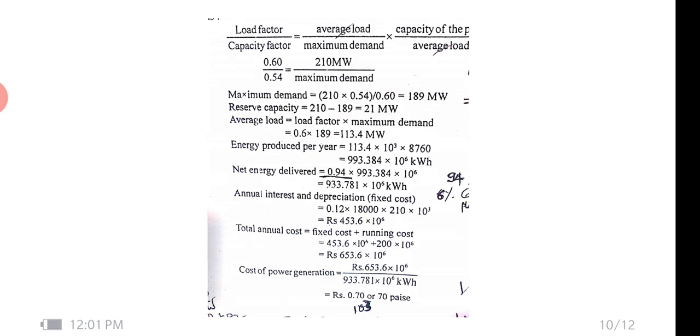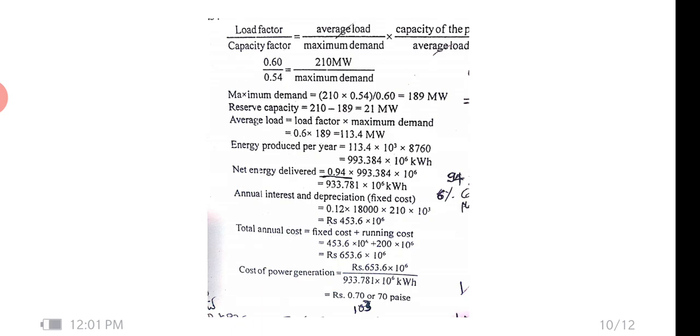So the maximum demand is 210 into 0.54 divided by 0.6, which is 189 megawatt. So using the relationships for load factor as well as capacity factor, we have found out the maximum demand.